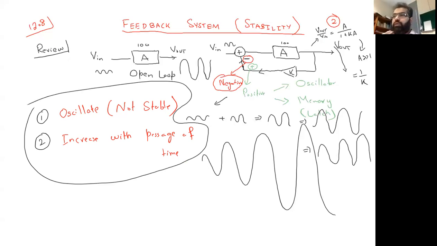So let's go back and see a common example of a feedback amplifier. Basically, I'm just talking about a feedback amplifier, rather standard feedback amplifiers. So in a feedback amplifier, what we have seen, we have an amplifier.